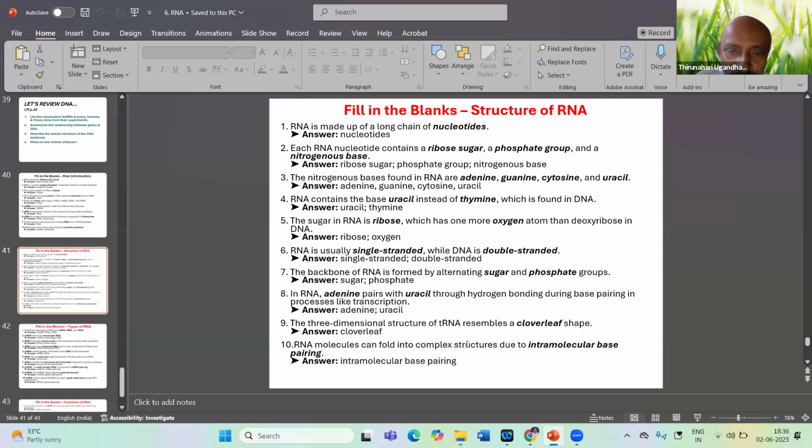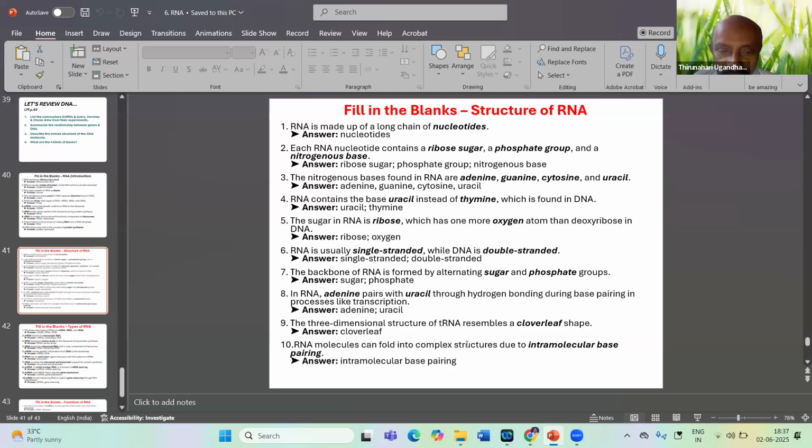Then the sugar in RNA is ribose, which has one more oxygen atom than deoxyribose in DNA. RNA is usually single stranded, while DNA is double stranded. The backbone of RNA is formed by alternating sugar and phosphate groups.